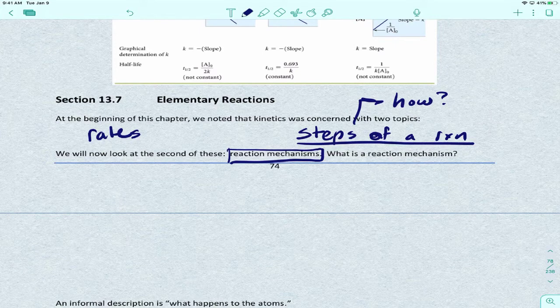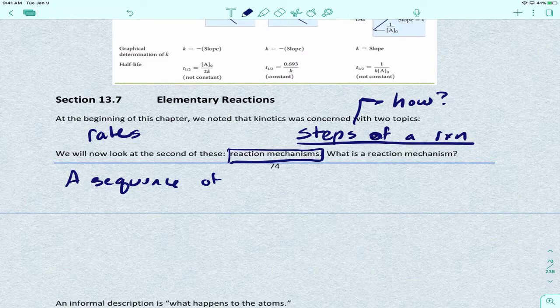You may have heard from other people that take organic chemistry or other chemistry classes that they talk about something called a reaction mechanism. What a mechanism is, is a sequence of steps that define the pathway from reactants to products.